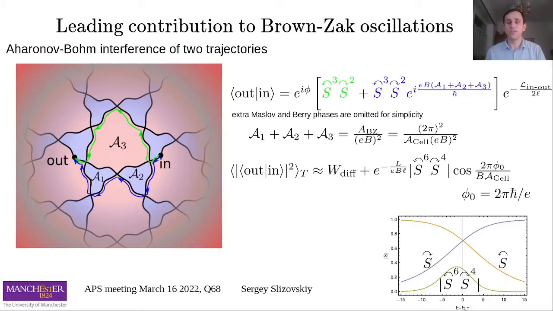Importantly, there is a different amount of left and right turns. So the corresponding amplitudes appear in a different power in the Dyson equation for conductance, namely power 6 and power 4. It means that the maximum of oscillation amplitude would be shifted from the position of the Lifshitz transition, as shown by the green contour here.